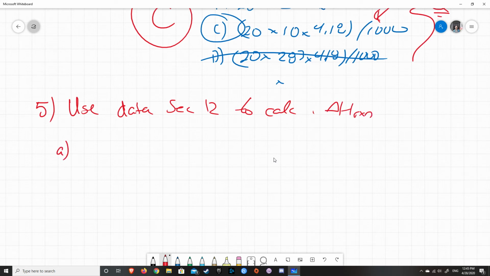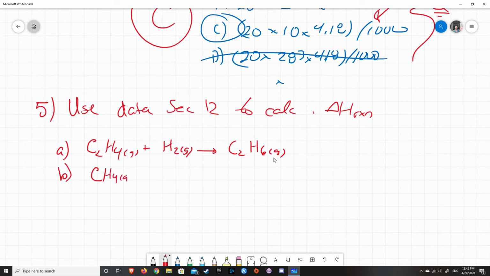So we've got reaction A, which is C2H4 gas plus H2 gas reacts to form C2H6. And we've got B, which is CH4 gas plus H2O gas reacts to form CO gas plus 3H2 gas.